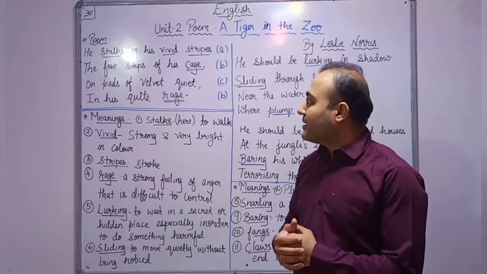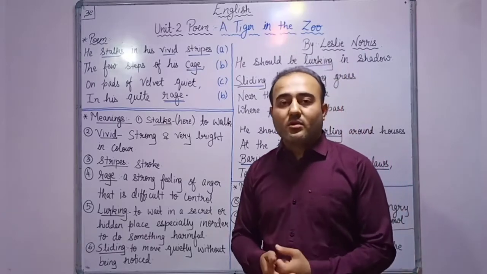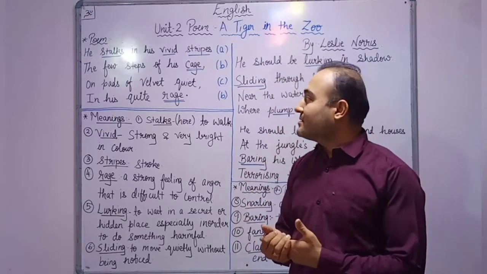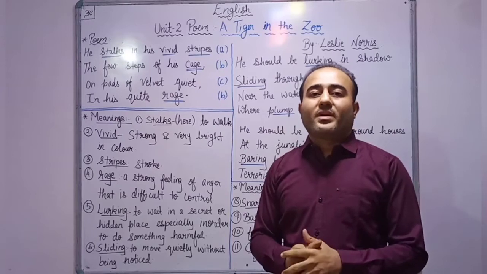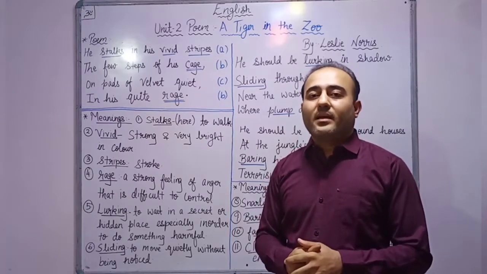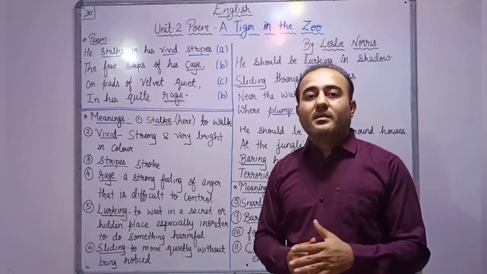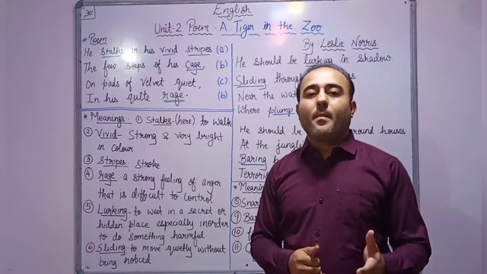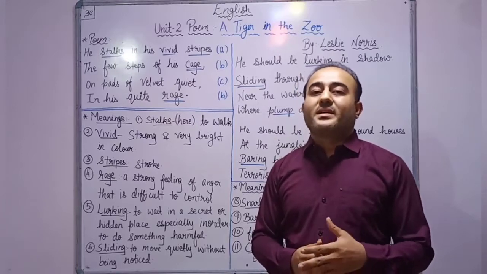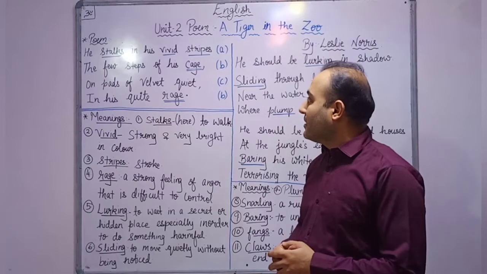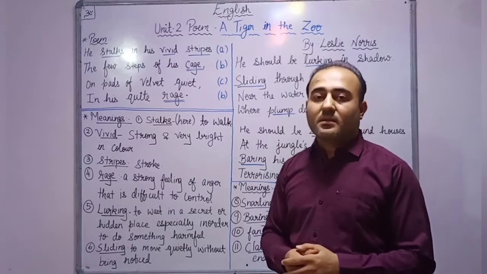The first line, that is, he stalks. By these words, the poet tries to explain to us that the tiger walks here and there, that is, the tiger walks up and down in his cage. Then in his vivid stripes.